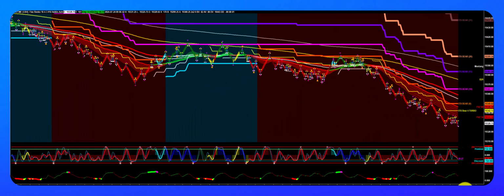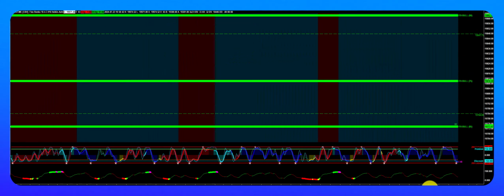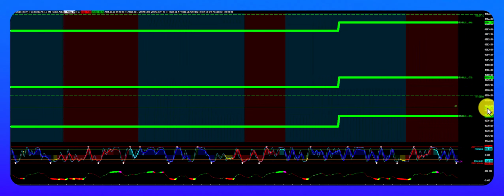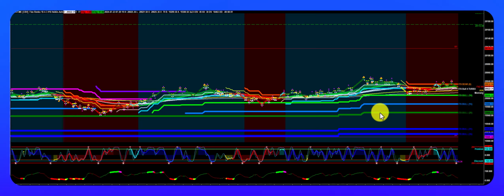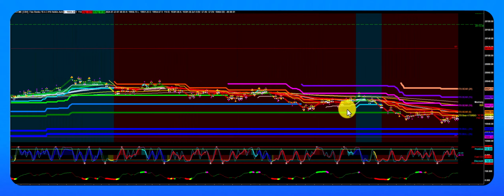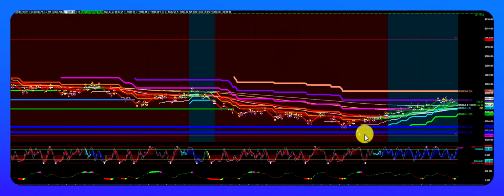Let me go back in time here. Let's just go back and look at the morning of the 23rd. I don't remember what this looked like because I didn't trade this, but let's just look at this for a second. Not a good example. Yesterday was more of a muted trade.